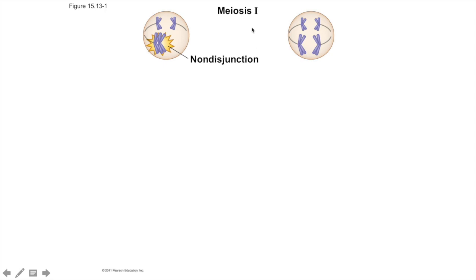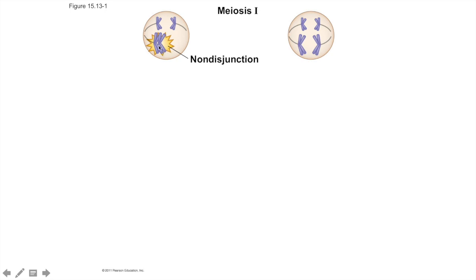Okay, so it can happen during meiosis 1. Remember, in meiosis 1, the homologous chromosomes are lining up at the metaphase plate, and then during anaphase, what normally happens is the homologous chromosomes get pulled apart, like this. But in this cell over here, you can see that something's gone horribly wrong.